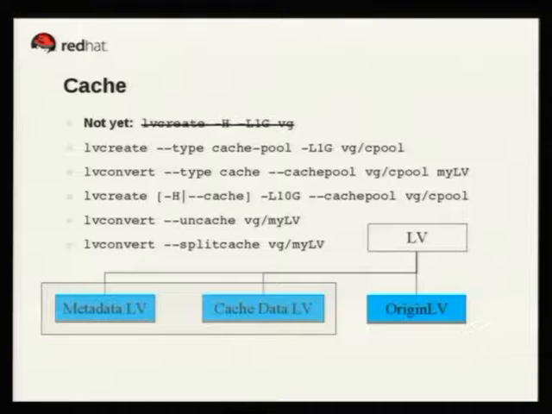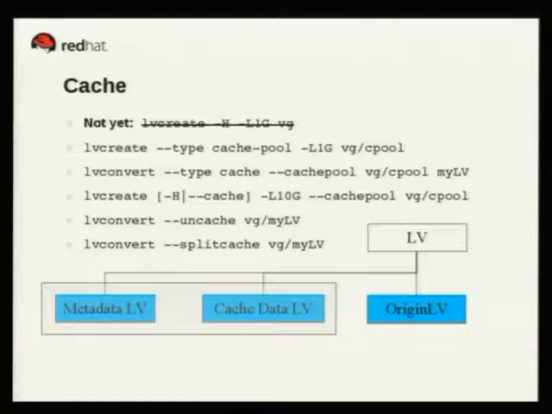And the second line with the type cache is the conversion one. The last LV is your existing linear LV, for example. So you specify that you want to convert this LV to a cached one. You specify the cache pool and the name of the LV, and voila, it's done.